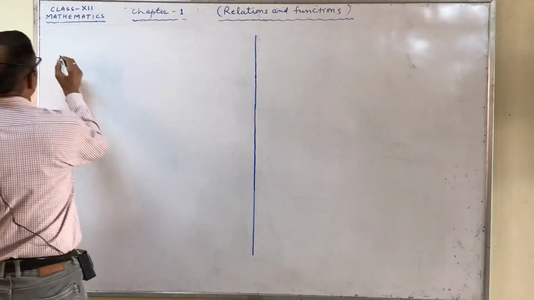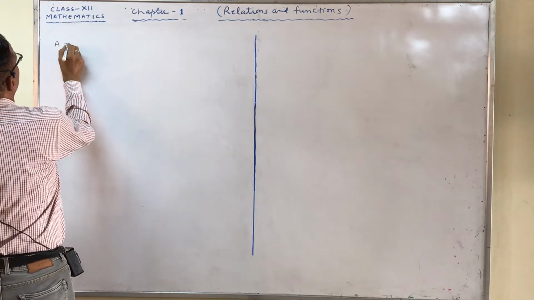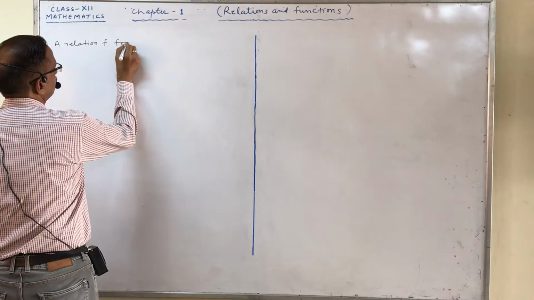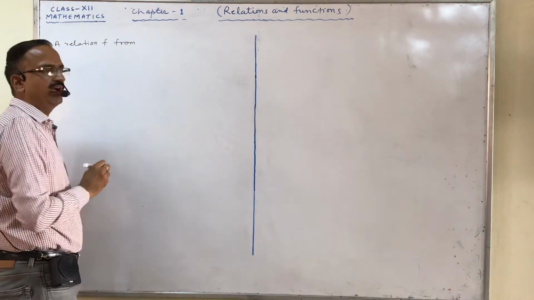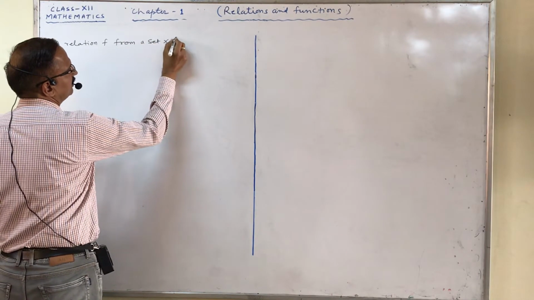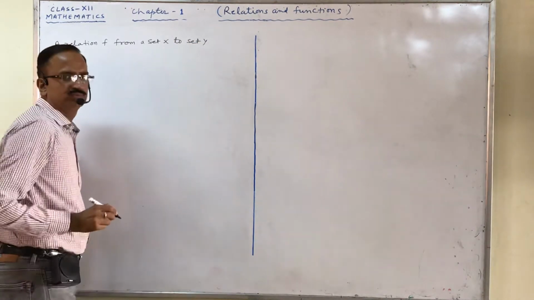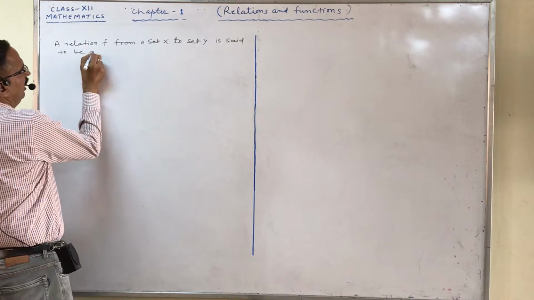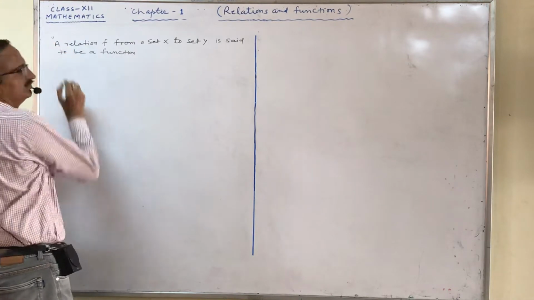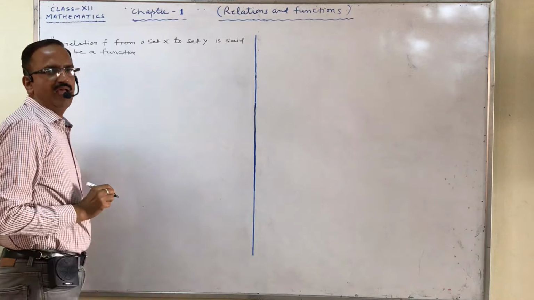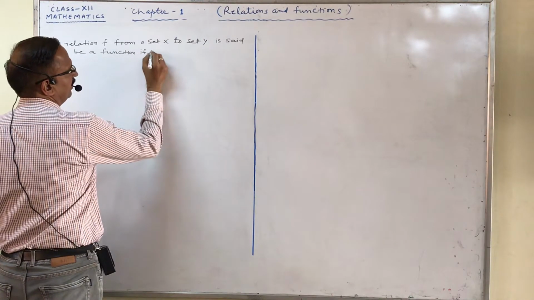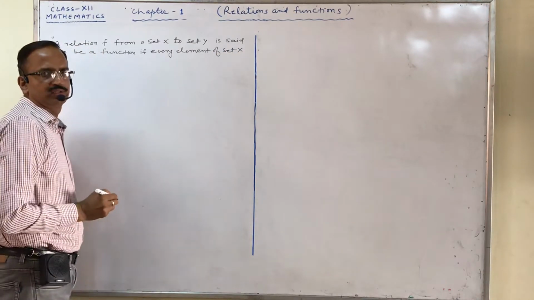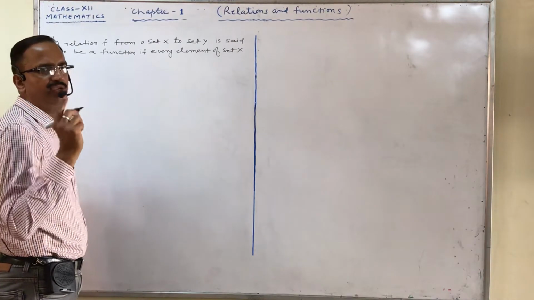Now, a relation f from a set x to set y is said to be a function if every element of set x has one and only one image in set y.